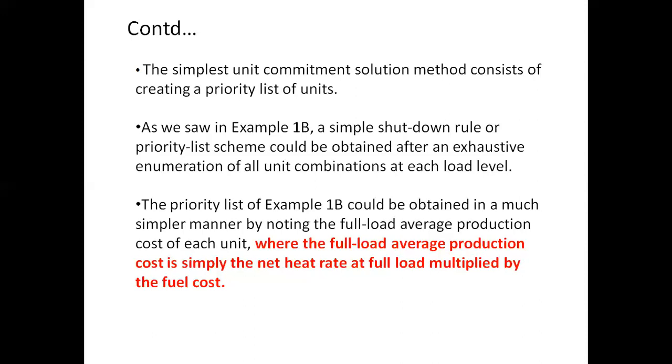Those three heat rates are simply multiplied by the fuel cost for each unit at full load. So we have to create a list. In that list, we give a priority to the units, and this priority is given on the basis of the full load average production cost of each unit.